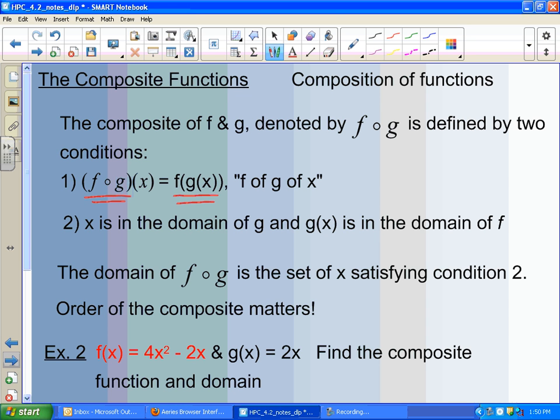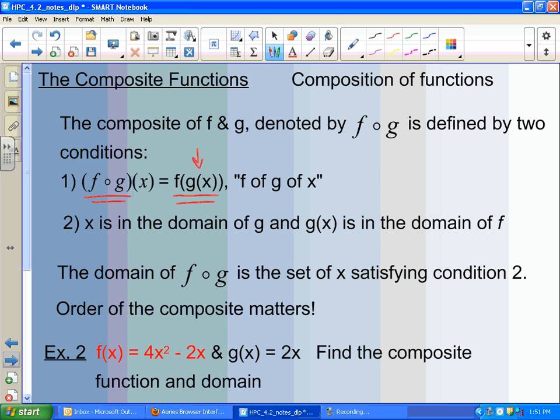That is not f times g of x. When I have inside of one function another, this is a composite. So like I said earlier, it should be clear as to what I'm expecting. If it's a composite function, you'll probably see a fog type thing. Or you might see it written in this form, f of g of x.